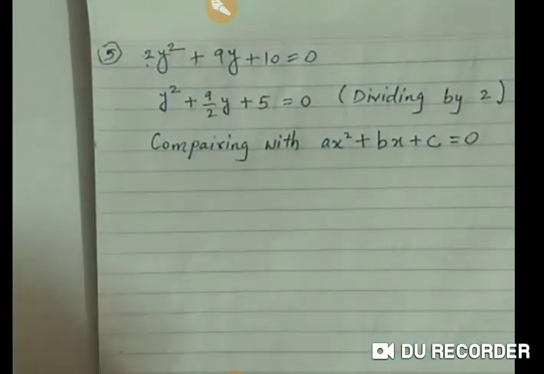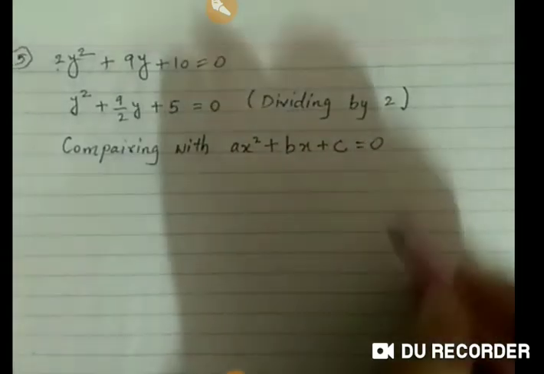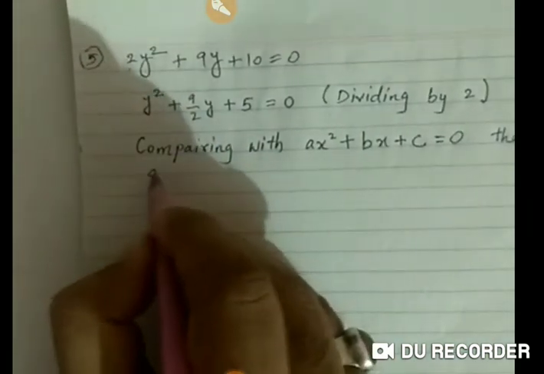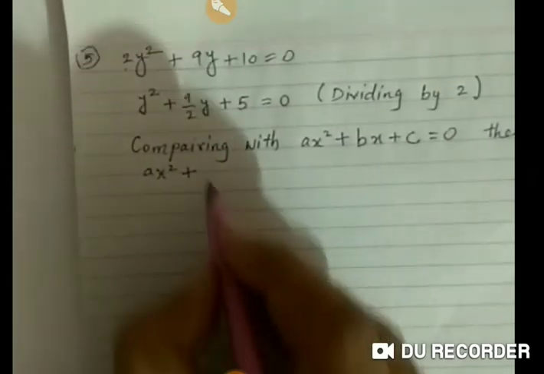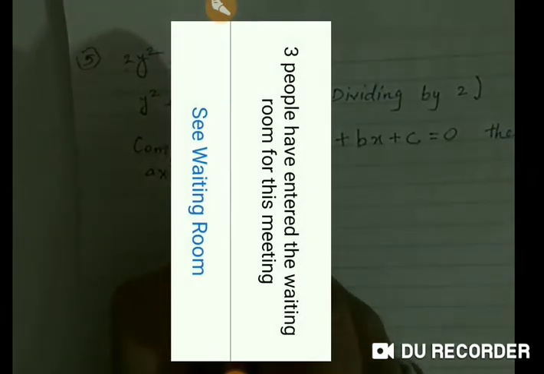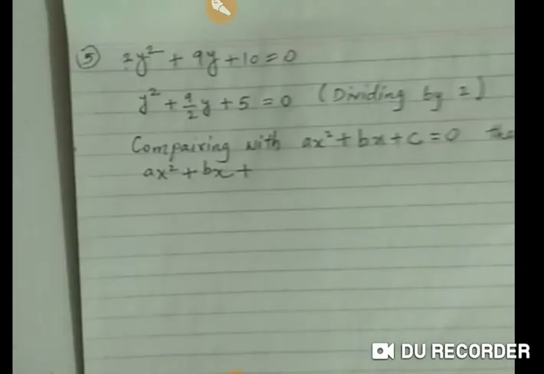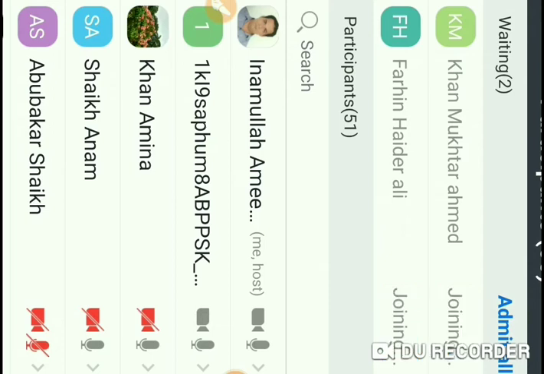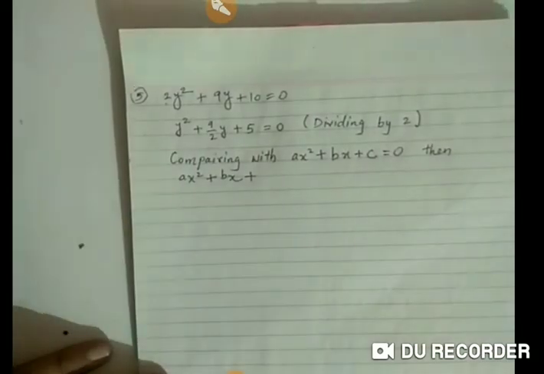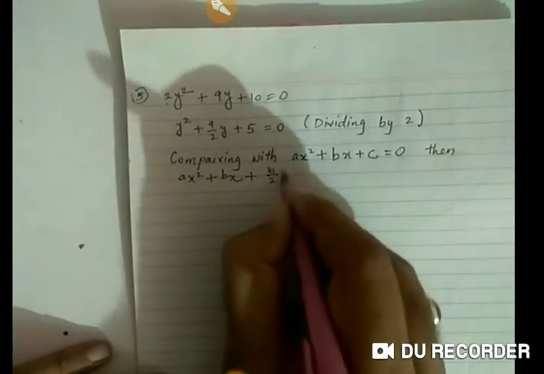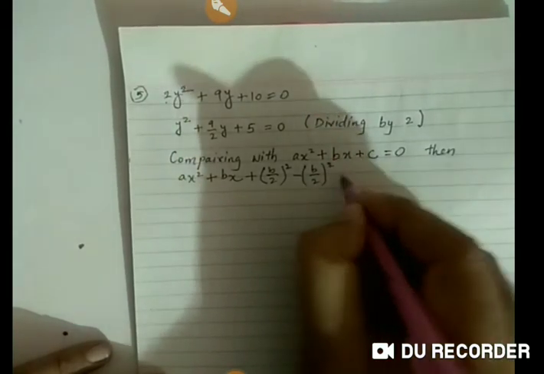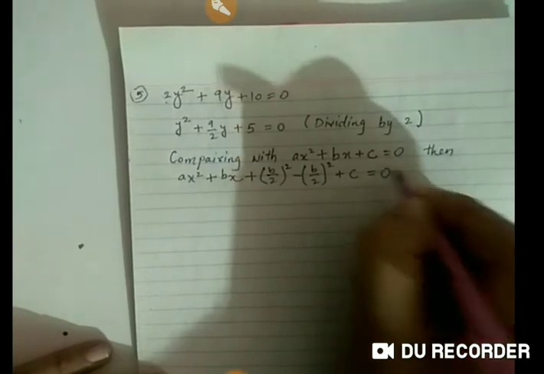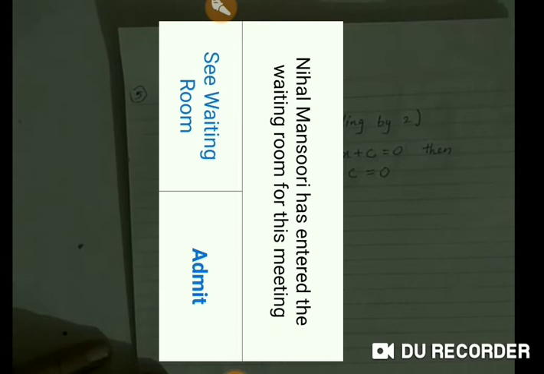So if your equation is in this form, it can be written as ax square plus bx plus b by 2 whole square minus b by 2 whole square plus c equals 0. Is it correct?